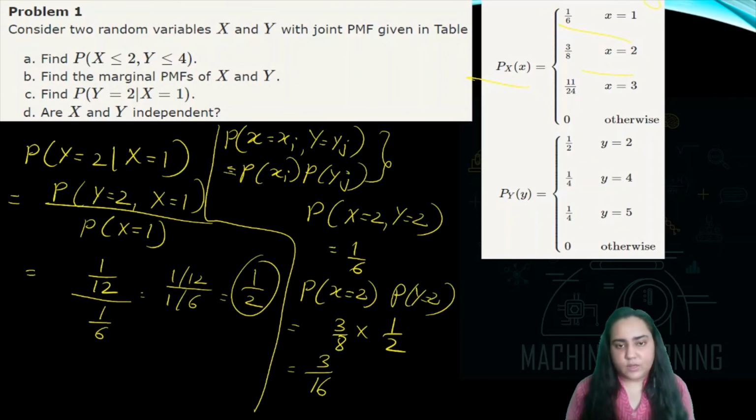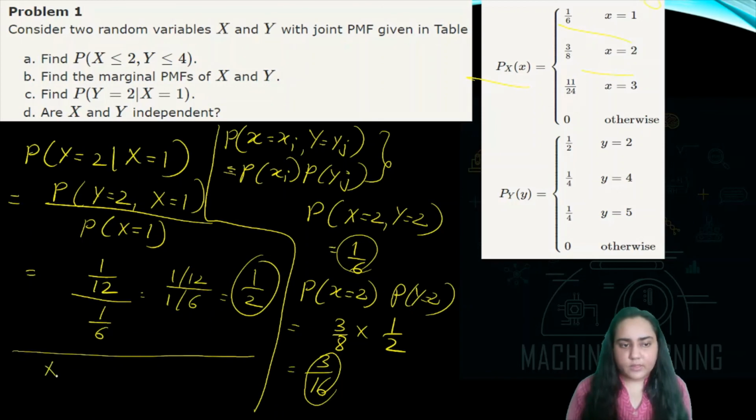So we know that this value and this value, they are not equal, which means you can safely conclude that in this case, x and y are not independent.